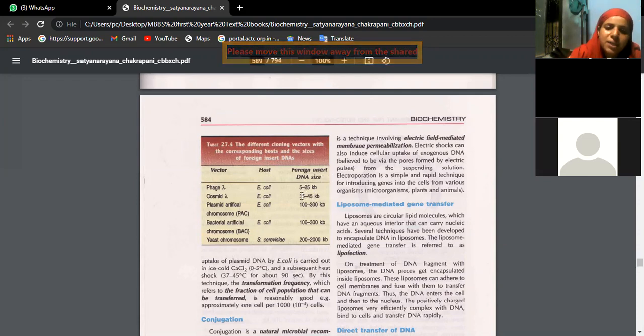How much can we insert? 5 to 25 kilobase pairs, kb. Like that, see, yeast chromosome is the vector. The host is S. cerevisiae, and the size of DNA insert is quite big, 200 to 2000 kilobase pairs of DNA fragment can be inserted in this particular host and vector.